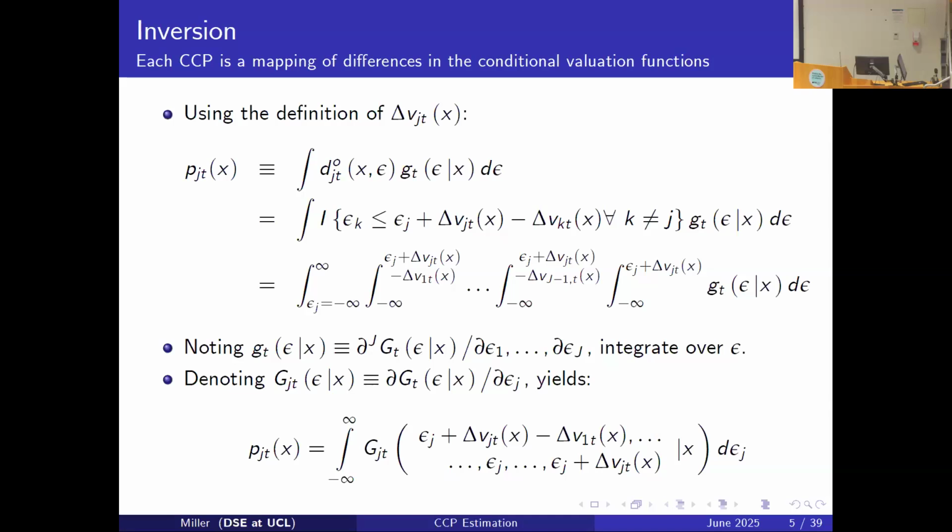And then we'll say, well, let's have a look at the distribution of these epsilons, differentiate that with respect to all the epsilons to get this density, and then just rewrite the whole thing this way to get this expression, which is just another way of saying this one up here.